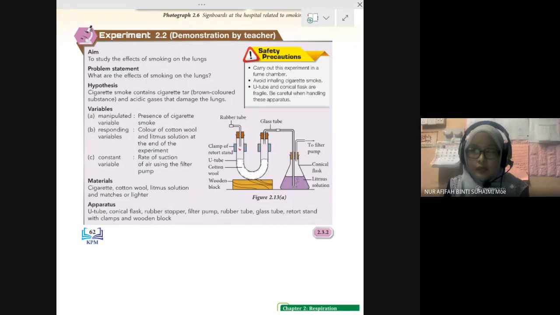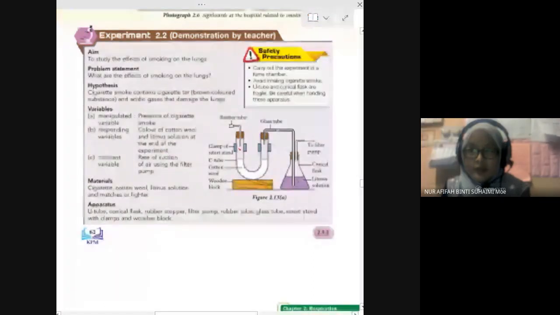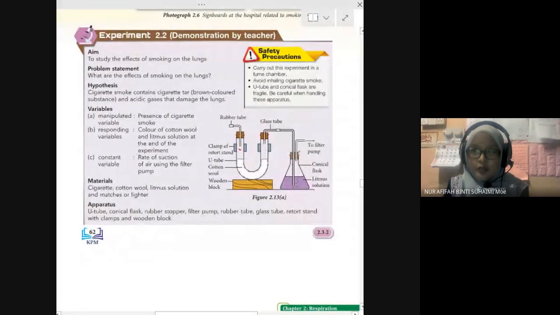U-tube apparatus with the glass tube immersed in a litmus solution. And then this conical flask connected to filter pump to pump the cigarette that we put here. The lighted cigarette we put here. Okay.